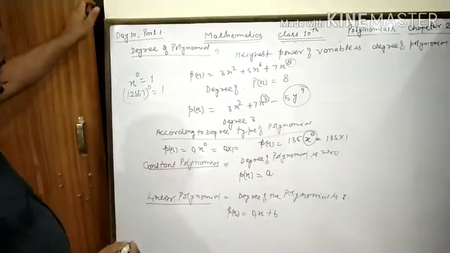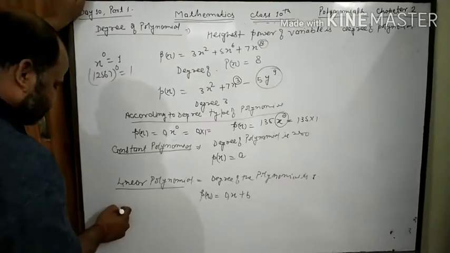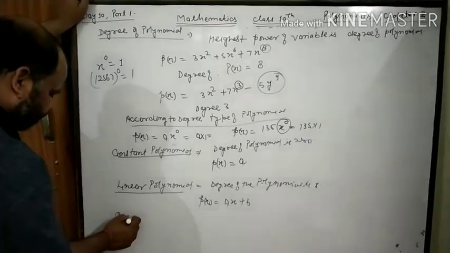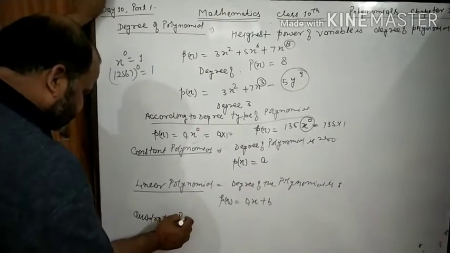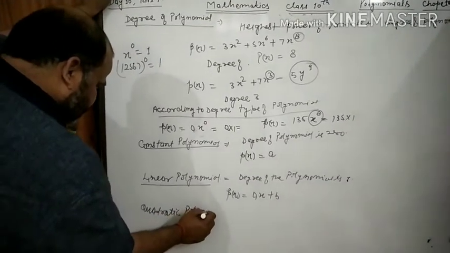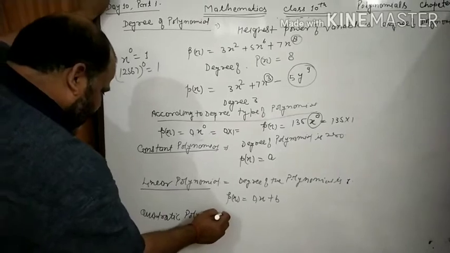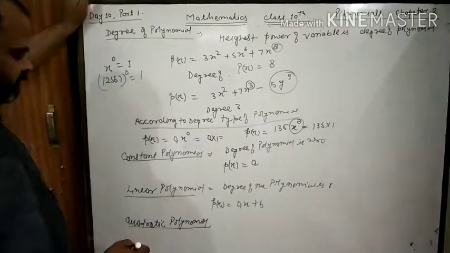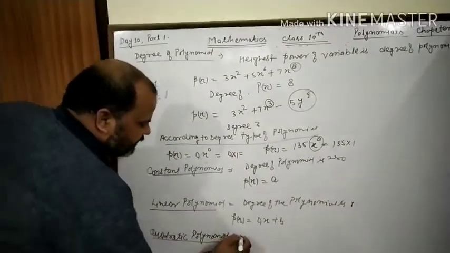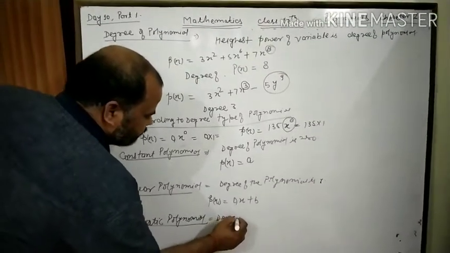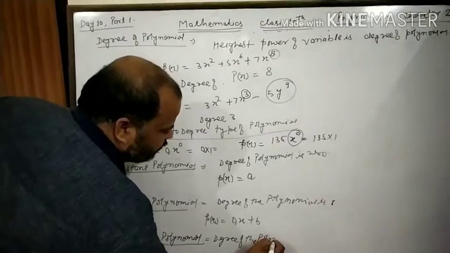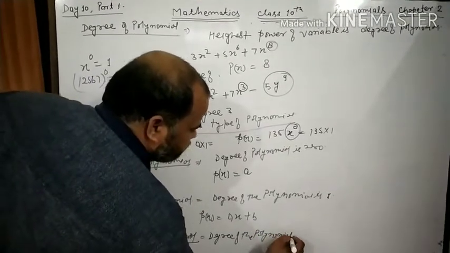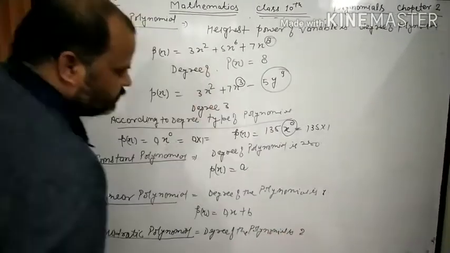In the same way, the quadratic polynomial. Quadratic polynomial means the degree of the polynomial is 2.